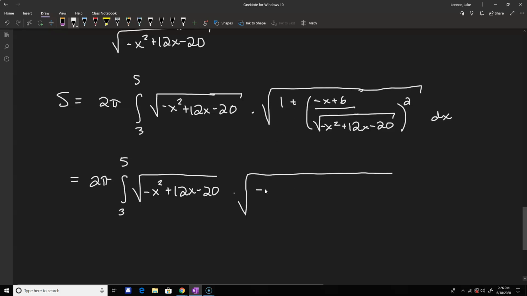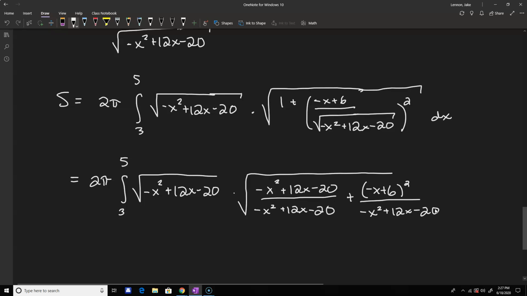So what I'm really doing here is writing minus x squared plus 12x minus 20 over minus x squared plus 12x minus 20. That's my clever form of 1. That's how I'm rewriting 1. And then I'm going to have minus x plus 6 quantity squared over this new denominator of minus x squared plus 12x minus 20. And that's going to allow me to combine them into a single expression.